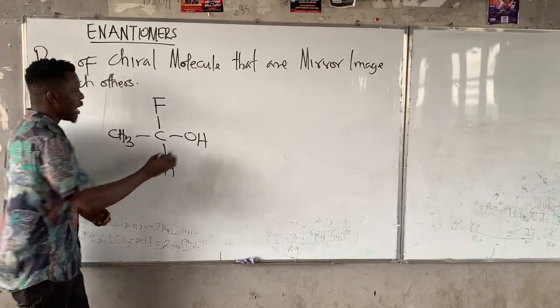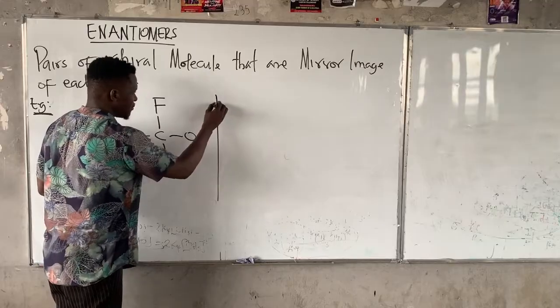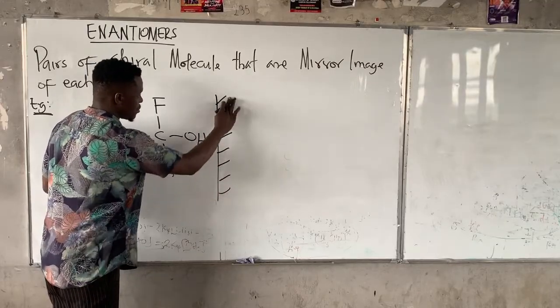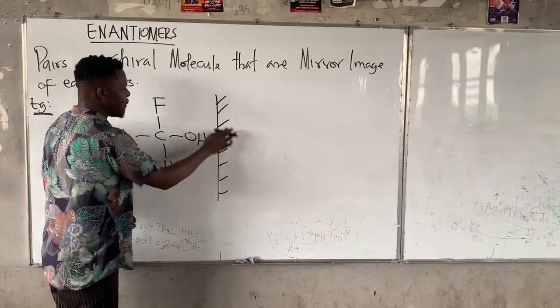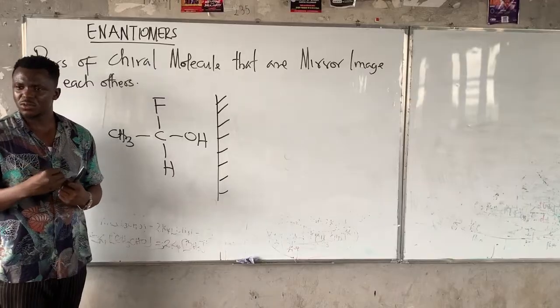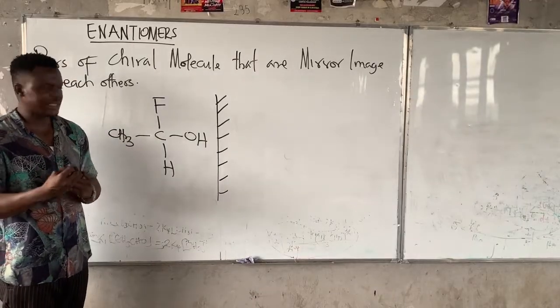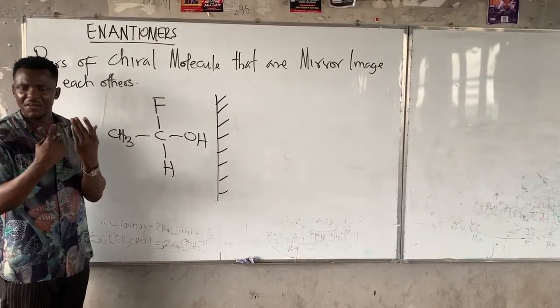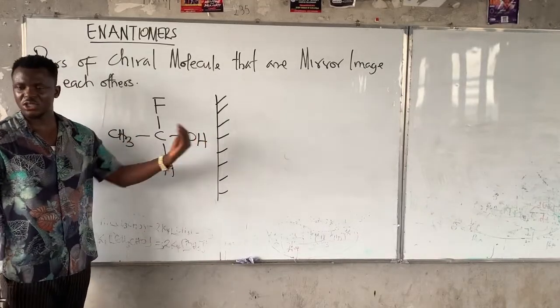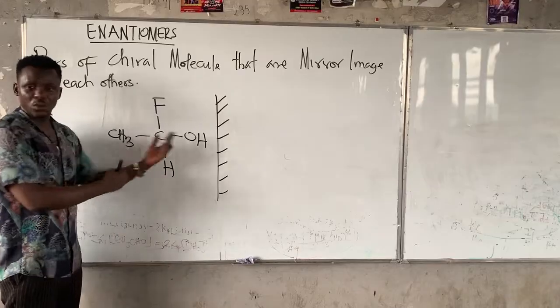Now, if I put a mirror here, class, how do I get the mirror image of a compound? The mirror image of a compound is obtained simply by flipping the sides. What was initially on the right-hand side goes to the left, and what was on the left goes to the right.